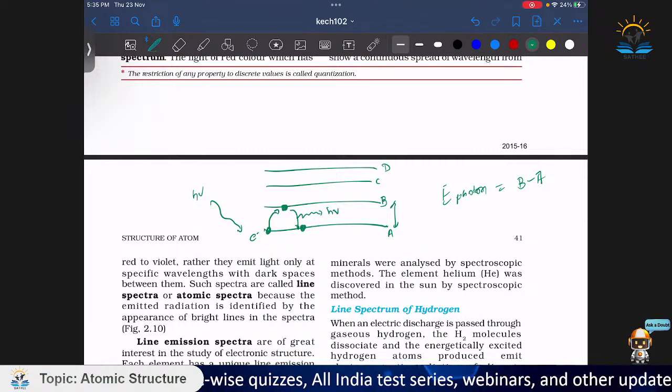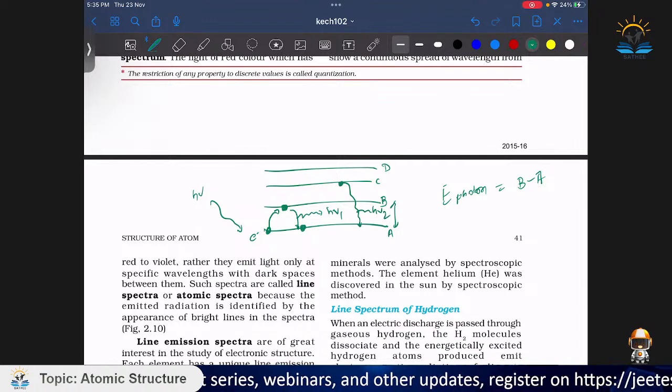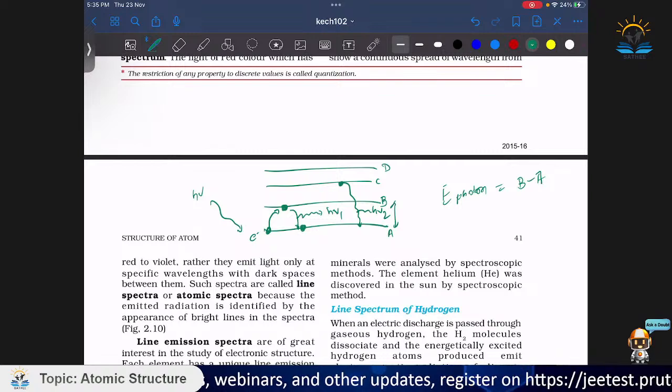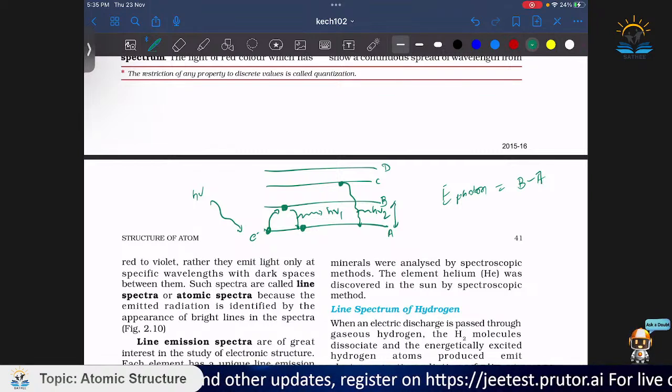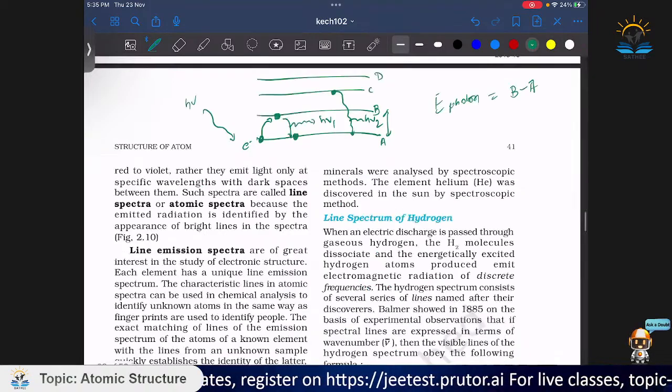The energy emitted if the electron comes from B to A is h mu 1. From C to A, it is h mu 2, and from D to A, it is h mu 3, and so on. So all these emitted rays have different energies.